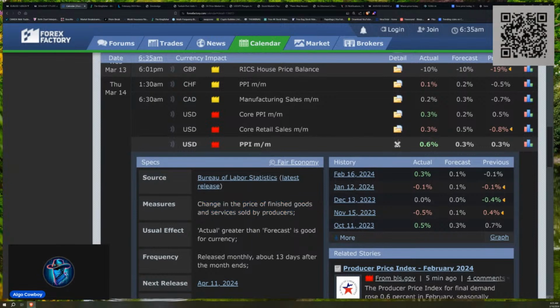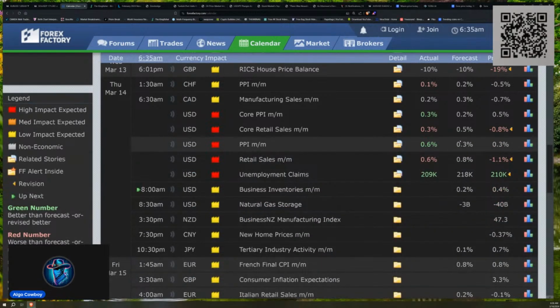That change in price was twice as hot as normal. That's actually significant. However, retail sales was under the expectation, and unemployment claims were lower, so employment was higher than expected. That's all a bunch of mixed data, but the PPI is probably going to have the most weight.